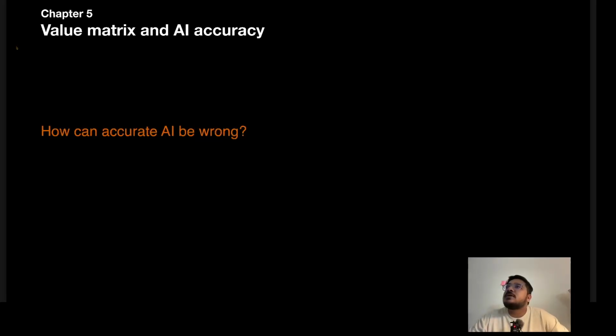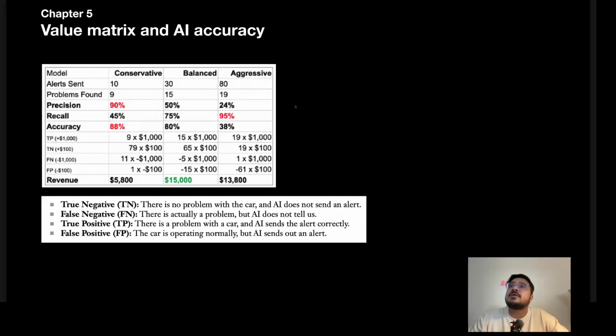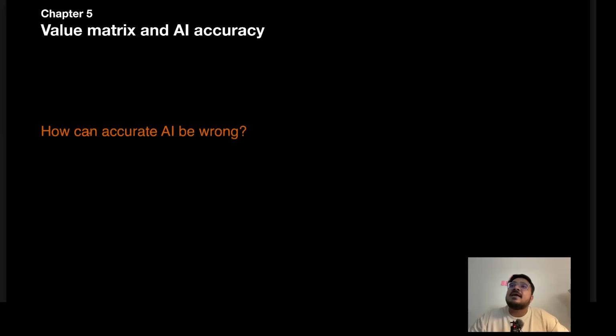This was really a good day for me. I was completely unaware of all this AI related value metrics, and this was really eye opening that accurate AIs need not be the best choice every time.